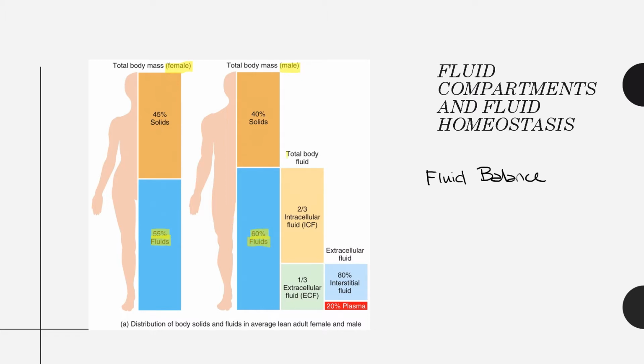And of the total body fluid, we can see the 2/3 being that intracellular fluid. Remember, that's fluid inside the cells, so cytosol. And then 1/3 of the fluids is extracellular fluid. And of that extracellular fluid, we have another diagram here showing that 80% is interstitial fluid and 20% makes up plasma in blood.